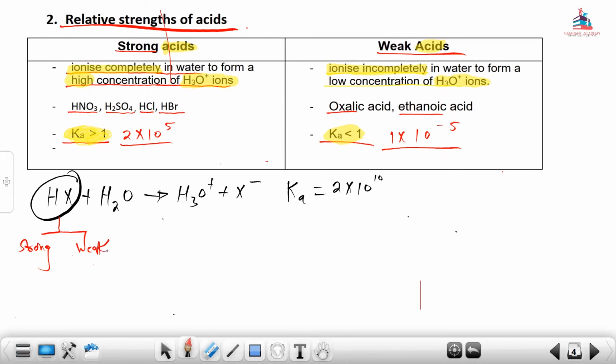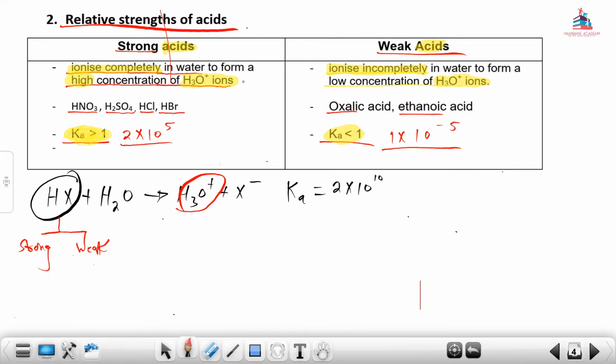Explain your answer. Just because it produced H3O plus, it does not make it a strong acid, because we said a weak acid is a substance that ionizes incompletely in water to form a low concentration of H3O plus. And we said strong acids ionize completely to form a high concentration of H3O plus.